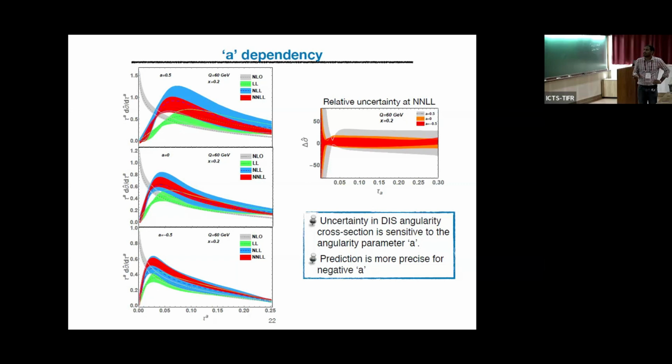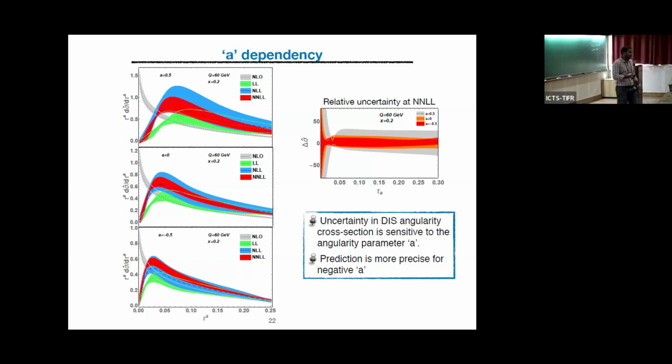This is for negative A, this is for positive A. Again for the cross section we have seen that for the negative region of A, we got more precision. Here are the relative uncertainty plots, and the red line is the negative A region. The bottom line of this finding is that to have a more precise result, we should concentrate on the negative A region.